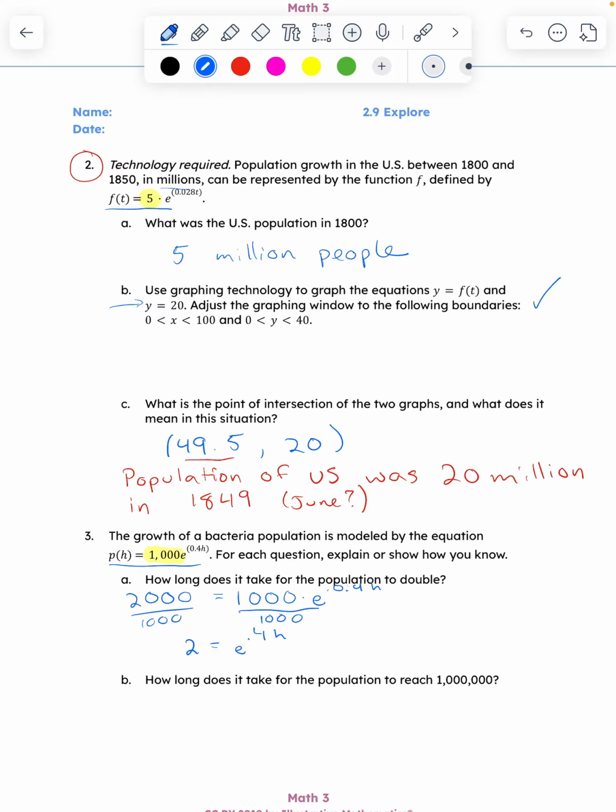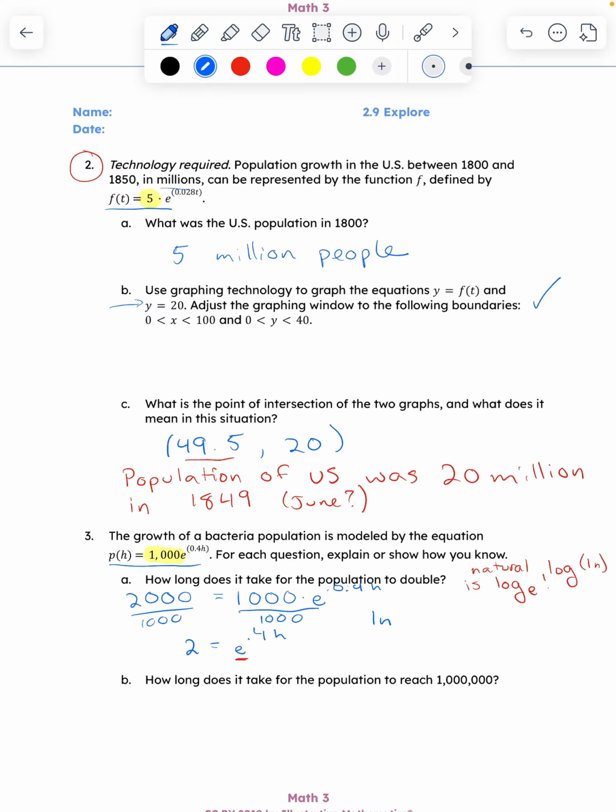Right? And again, we want to use our logarithms, and this time we're operating with a base of e. So that's how we know to use ln, right? Because the natural log is the log with a base of e, just ln. Okay. So we can write this in logarithmic form.